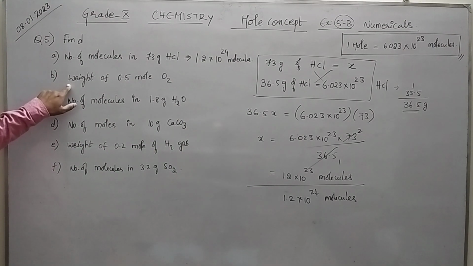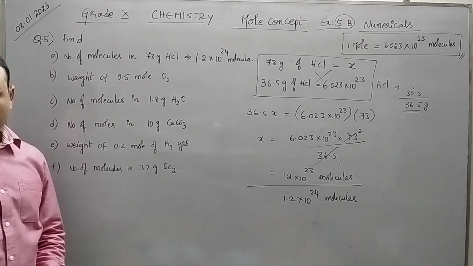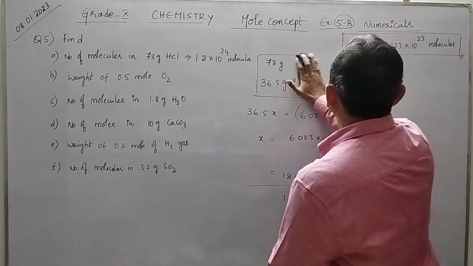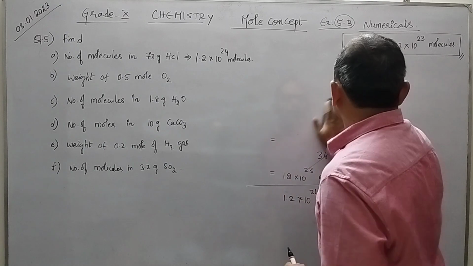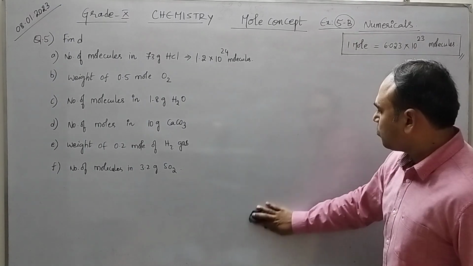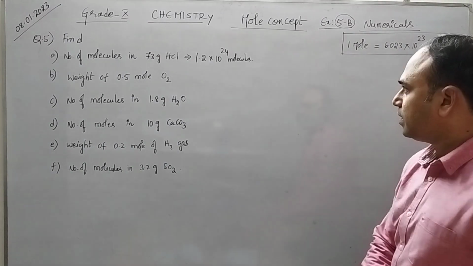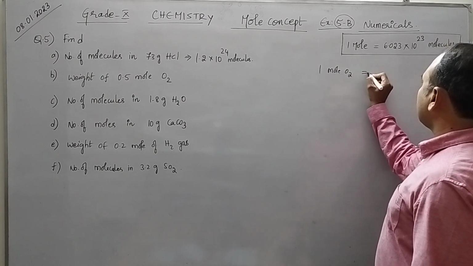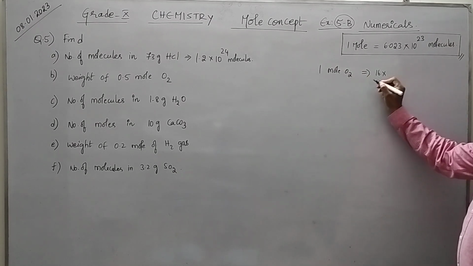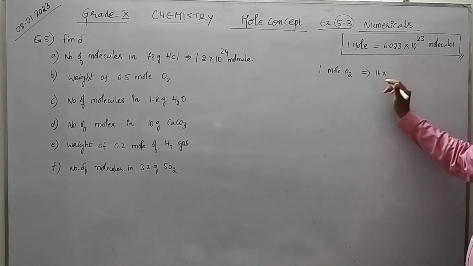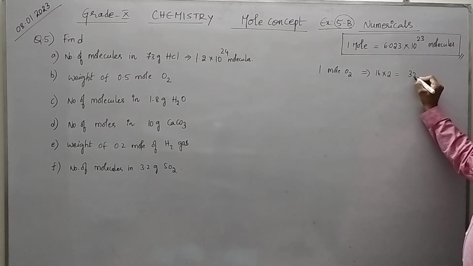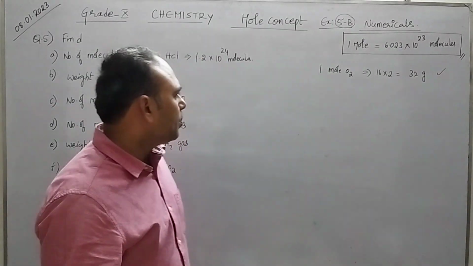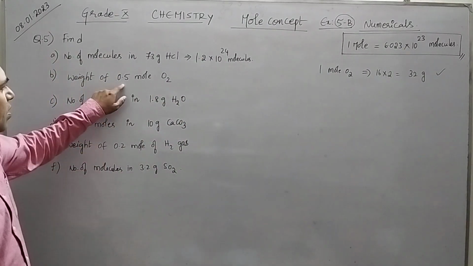Coming to the second one, what is the weight of 0.5 mole of oxygen? For this, if you are taking 1 mole of oxygen, what will be the mass? First let us calculate that. 1 mole of oxygen is 16, the atomic mass of oxygen, into 2, so we get 32 grams. So first and foremost, 1 mole has a mass of 32 grams. So what is 0.5?